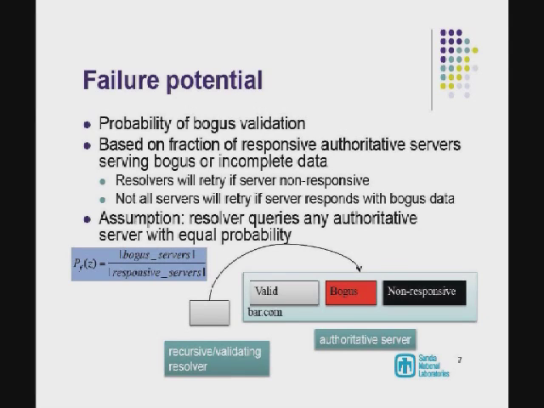One of those is if your validating resolver is behind a non-validating cache, then you really are at the whim of what is in the upstream cache, if that makes sense. You can't try your next authoritative server because you're forced to use what's in that non-validating cache.